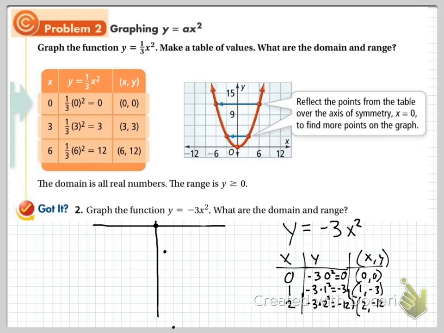So if this distance here is 1, this distance over here is 1. So my dot goes there. Same down here. This distance is 2. So this distance is 2. So my point goes there. And it is a curved U shape as best as I can. Keeps going, so I put an arrow on the end. And there you go. 3 points is fine to do, and then reflecting them over.